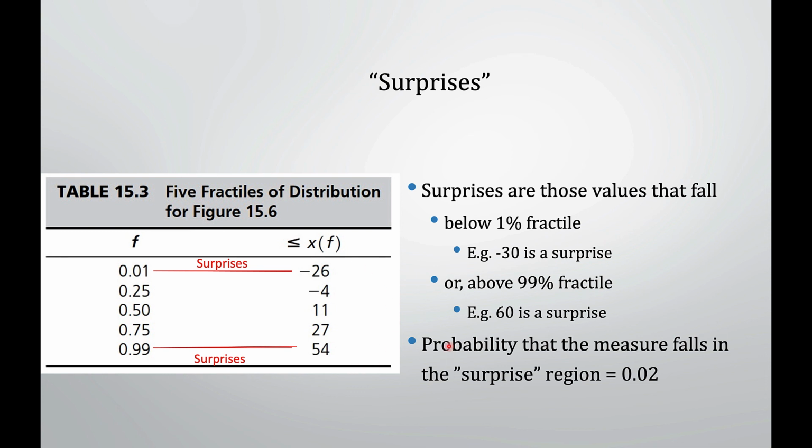Okay, so now we know the definitions of mid-ranges, median, and surprises. We can use these concepts to help us with the elicitation of probability, or to help us encode probabilities.